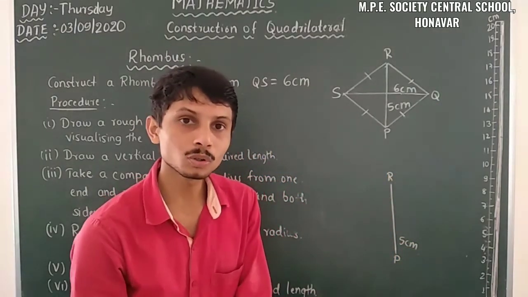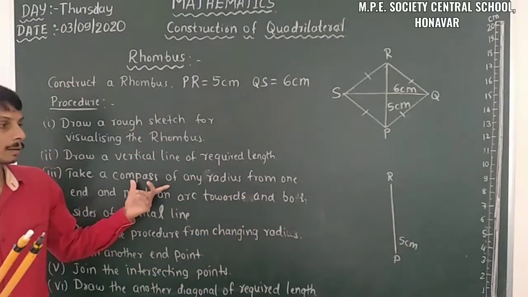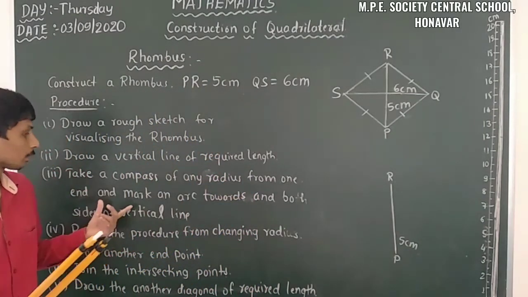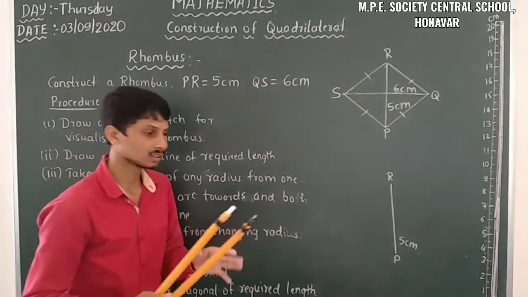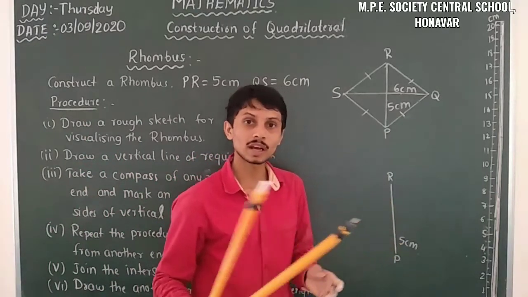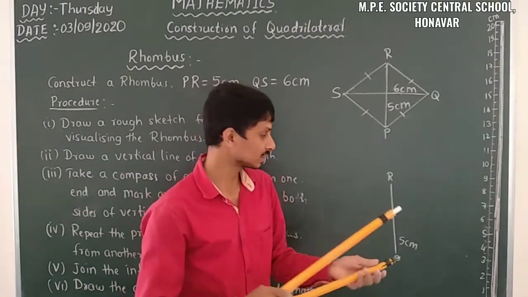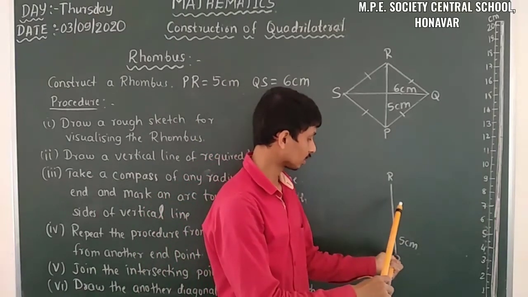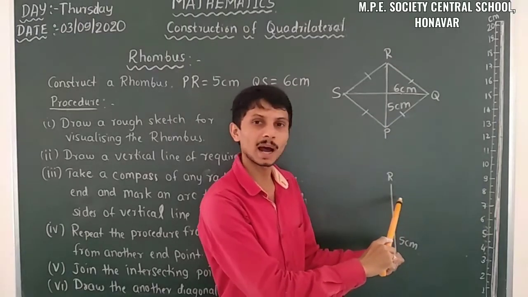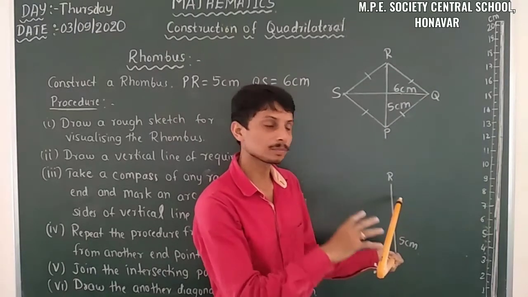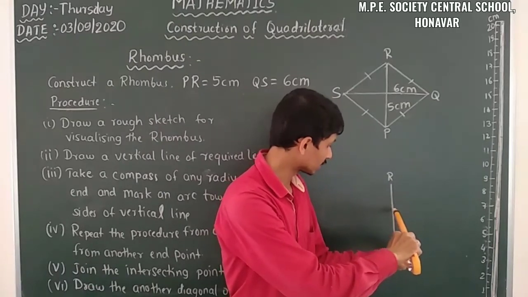Then what do we have to do? We have to take a compass. Take a compass of any radius from one end point and mark an arc towards both sides of the vertical line. The compass radius should be a bit higher than half of the length of the vertical line, like this.